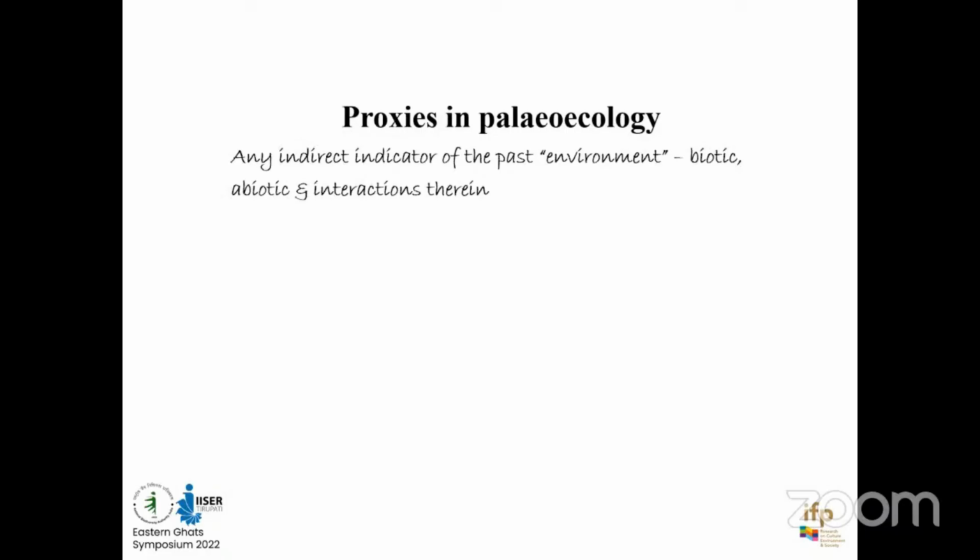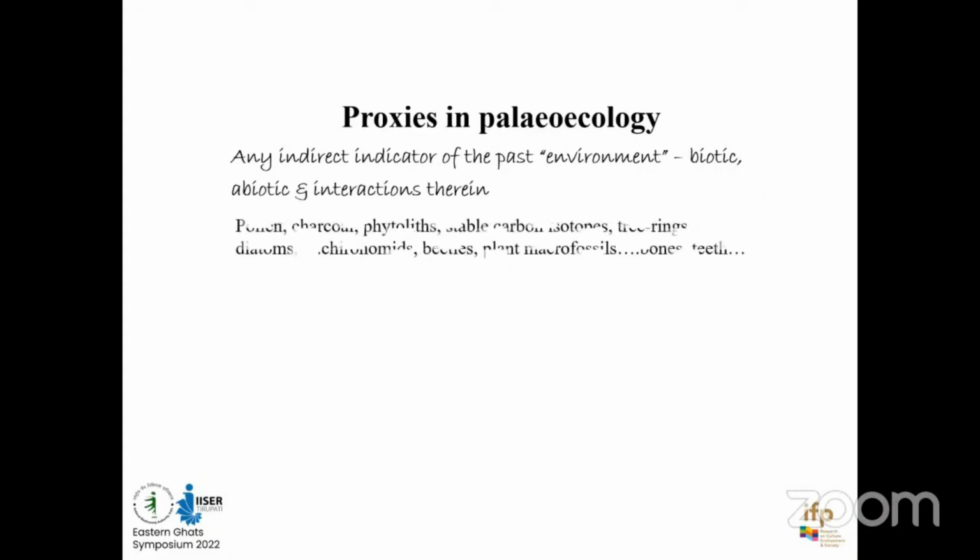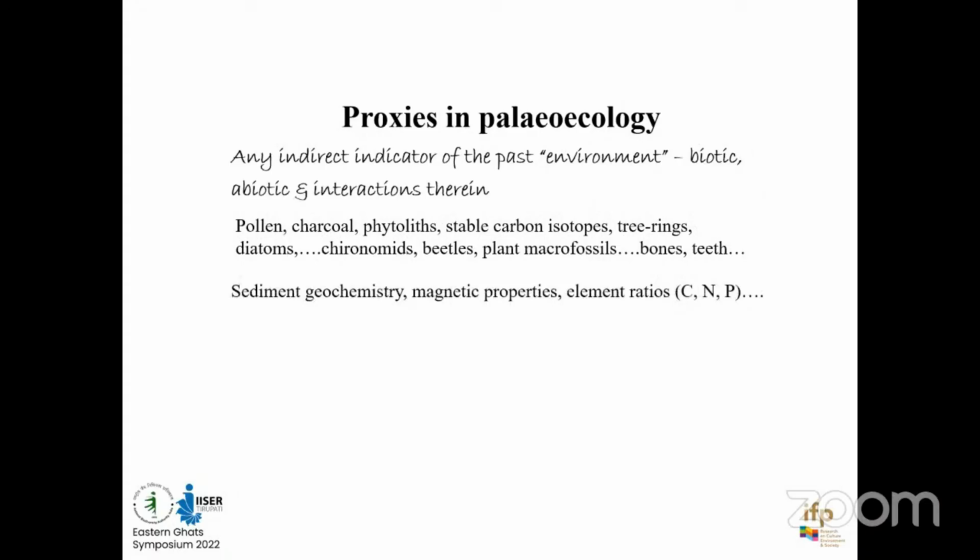What is a proxy? Any indirect indicator of the past environment. This indirect indicator, as I hinted in the previous slide, covers biotic, abiotic, and all the interactions therein. And what are these proxies actually? It could be pollen, which is what I'm going to be focusing on in this presentation.